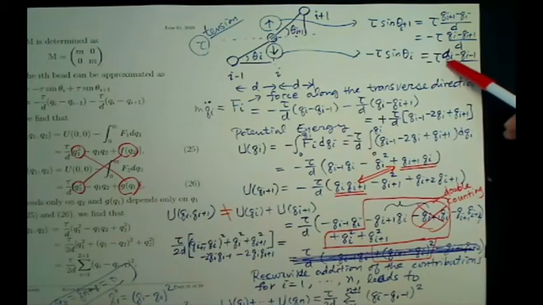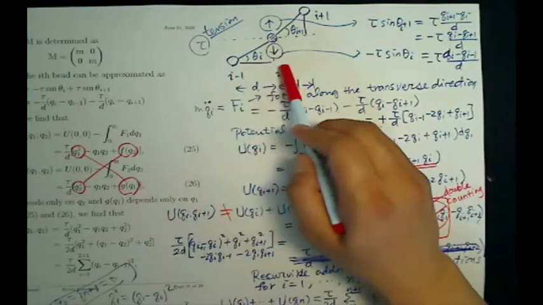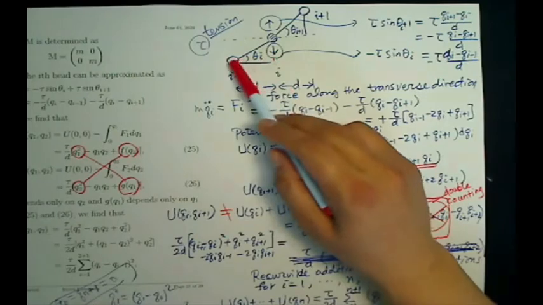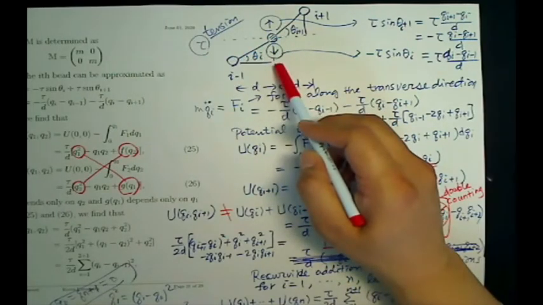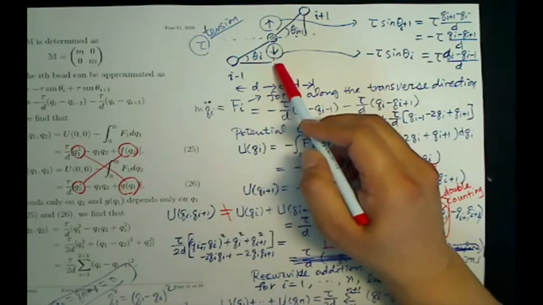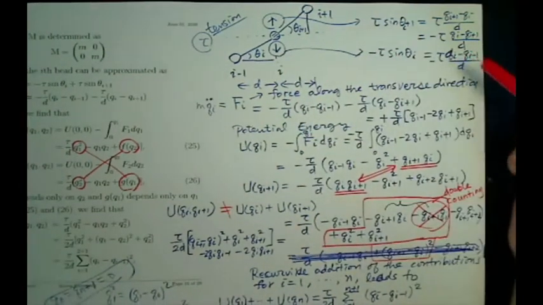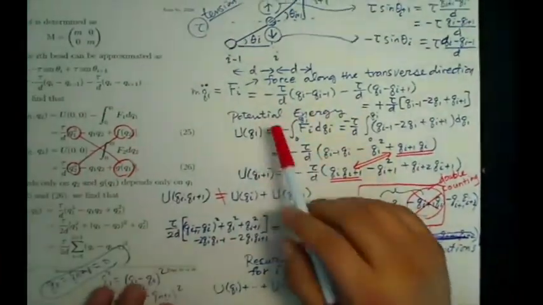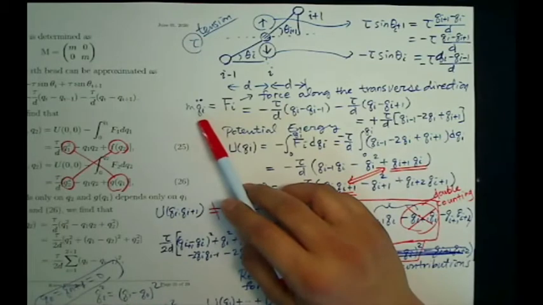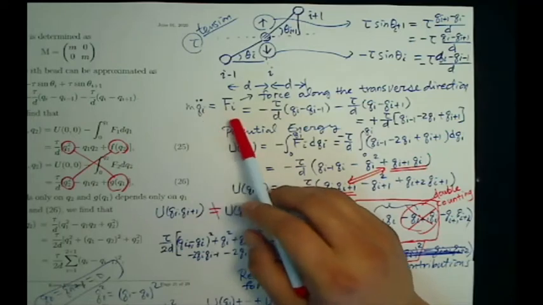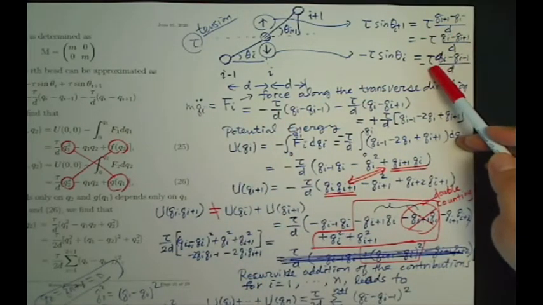Sure, this d is the horizontal spacing, but this distance is almost the same as this distance, up to a correction of a quadratic piece. All right. So the equation of motion for the ith bead will be mass times acceleration of the transverse coordinate, which will be the sum of these two.